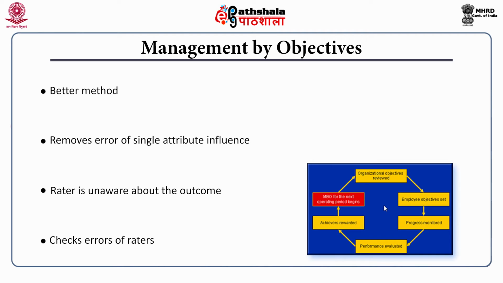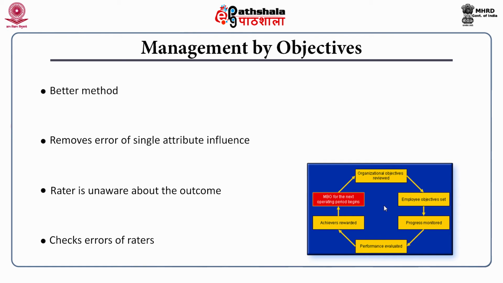Generally, the process of MBO involves steps such as setting the organizational goals, setting the departmental goals, discussing them, defining expected results, reviewing actual performances with expected ones, and providing feedback. The MBO method is adopted due to certain advantages.